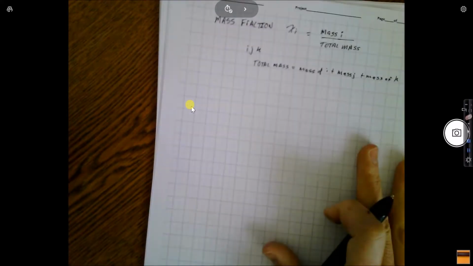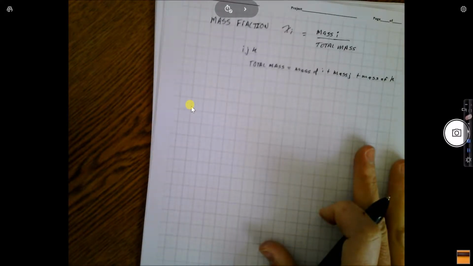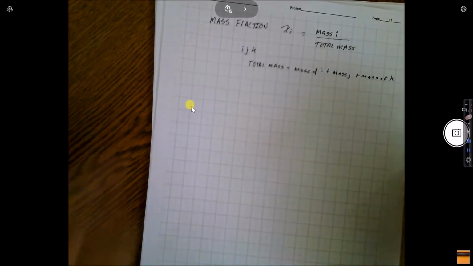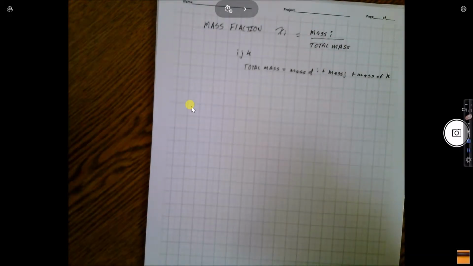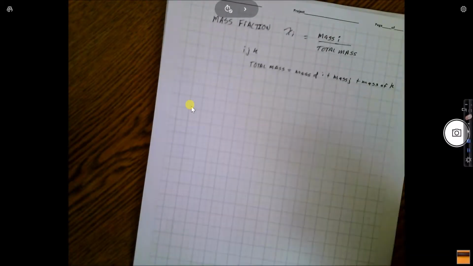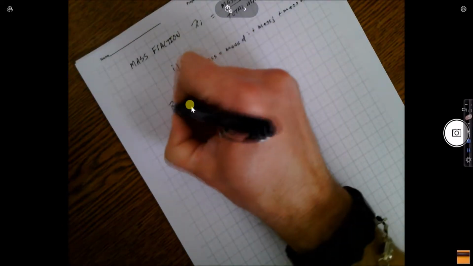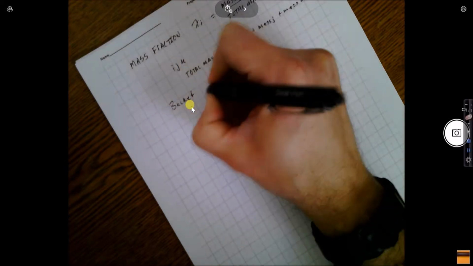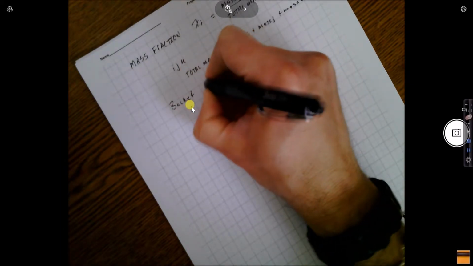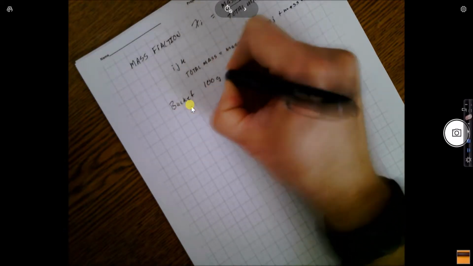I'm going to do it in a little different way than I've done it before. Let's start off with the simple one. I have a bucket, and the bucket has 100 grams of stuff.